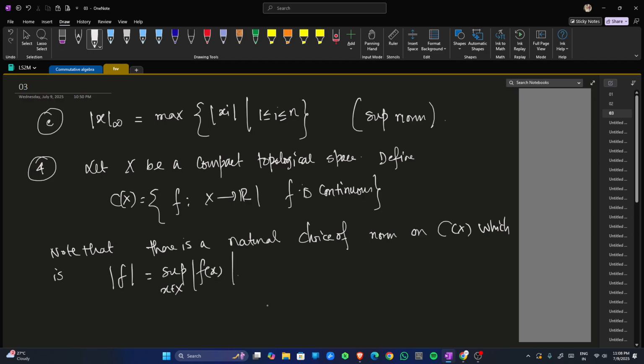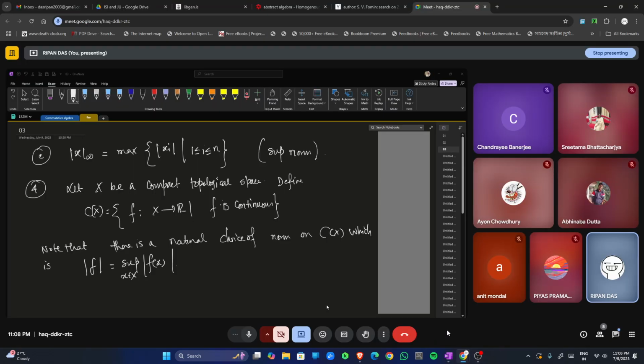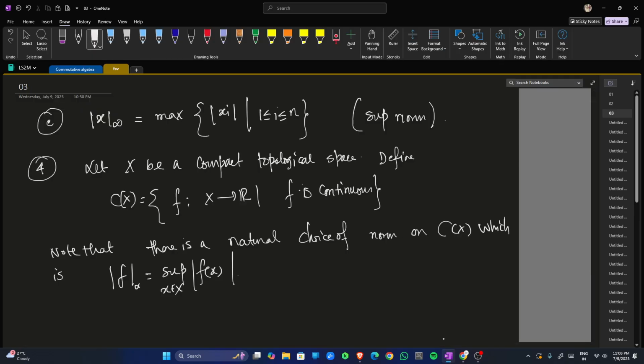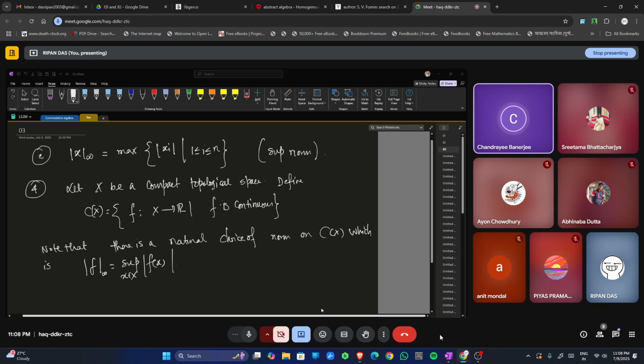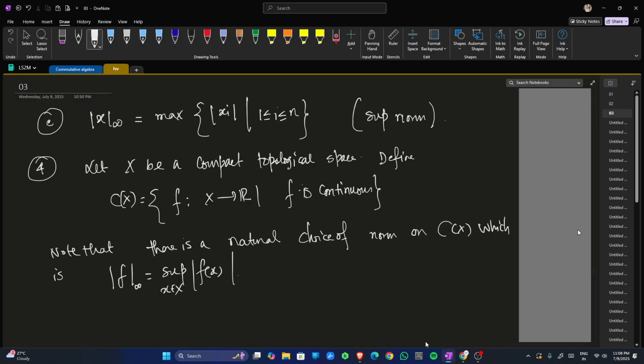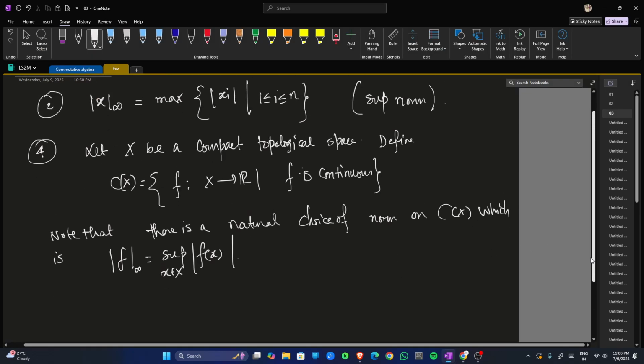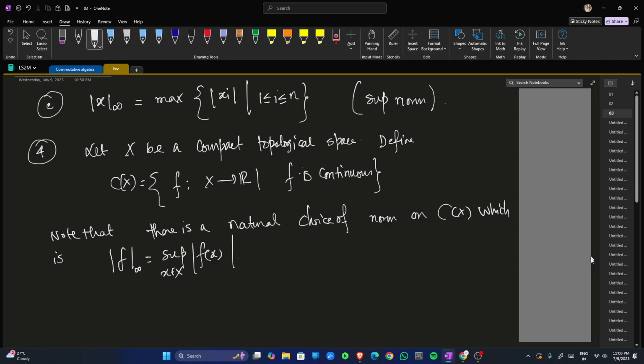And why does the supremum exist? A continuous function on a compact topological space is bounded, so it exists. So this is a norm. Check all that. So these are some of the basic examples of normed linear spaces.